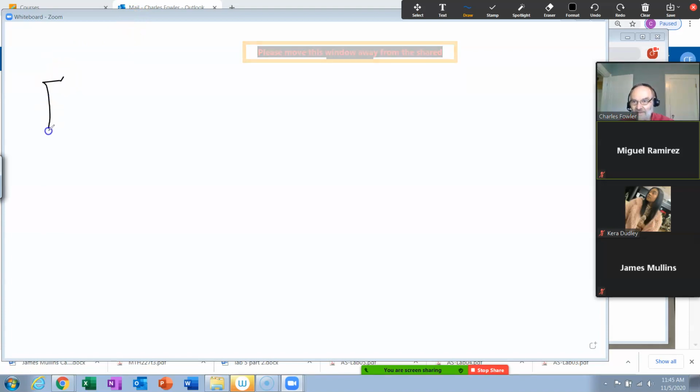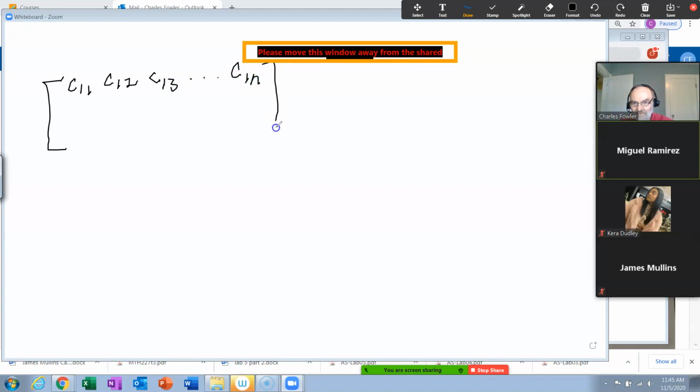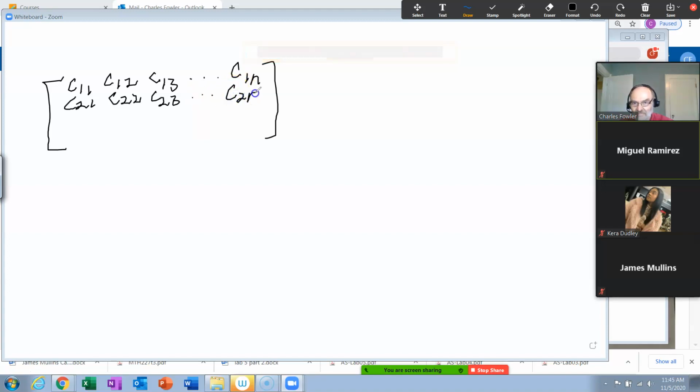So you can come up with a new matrix here of your cofactors, and that's what they're going to mention here. That new matrix would be C11, C12, C13, dot, dot, dot, up to C1n. I believe they're using the subscript n, aren't they? Yeah. And then you have C21, C22, C23, dot, dot, dot, up to C2n.